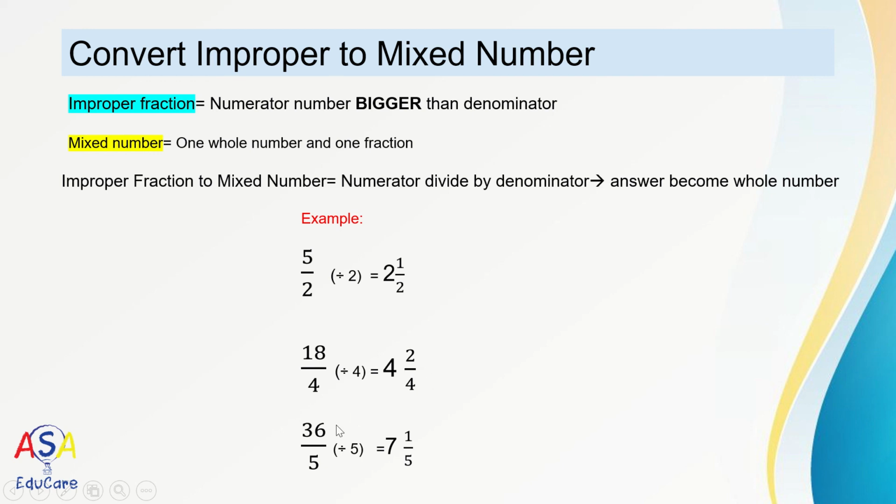Last one, 36/5, divide by 5. This divide is not in the question. I wrote it out to show you that I need to divide the denominator. So closest I can get is 7. 7 times 5 equals to 35. So 36 minus 35, I get 1.